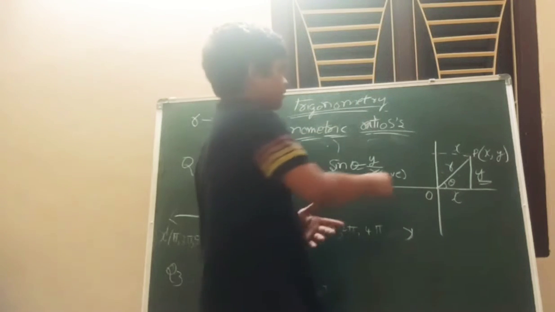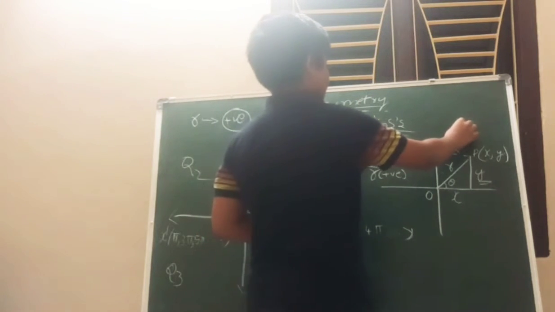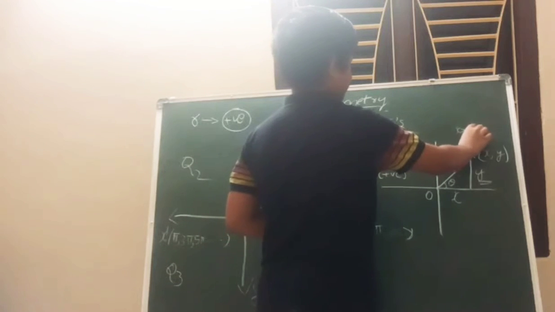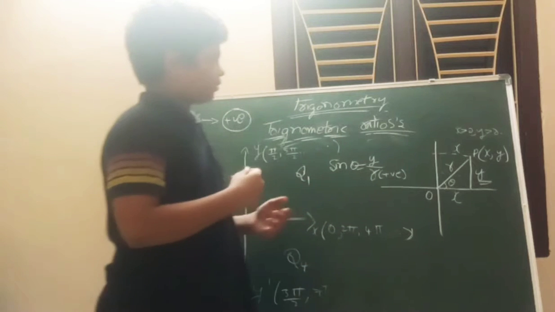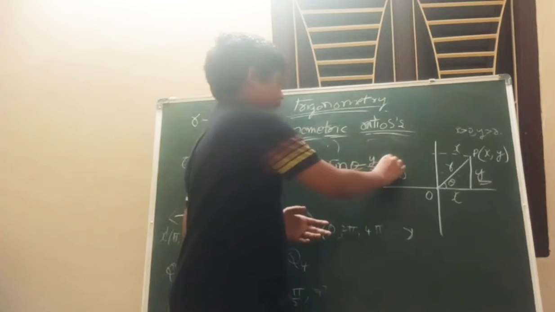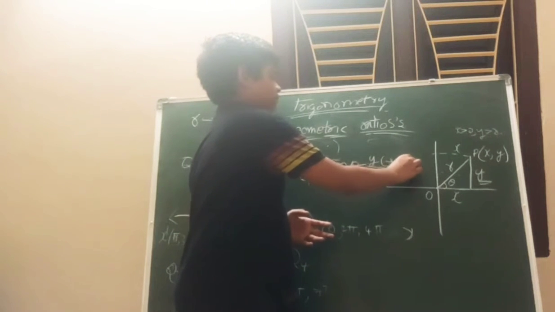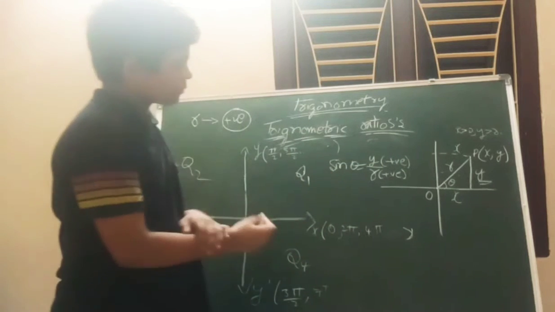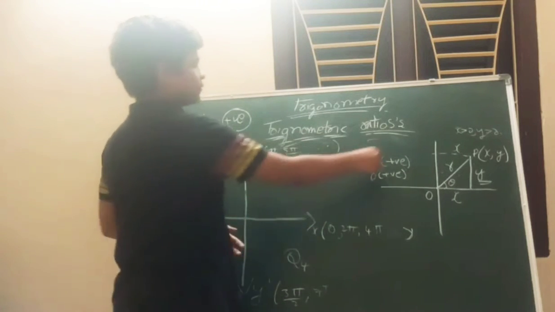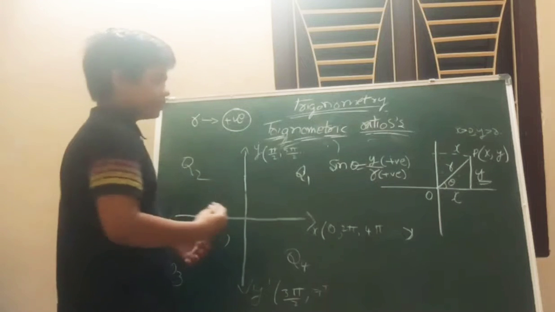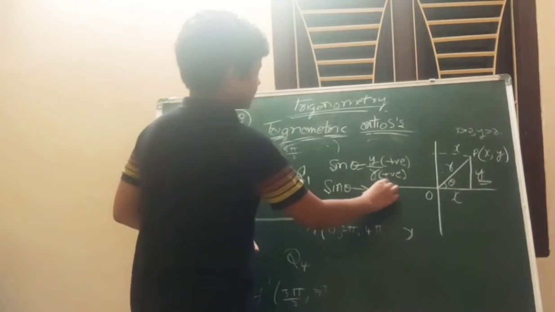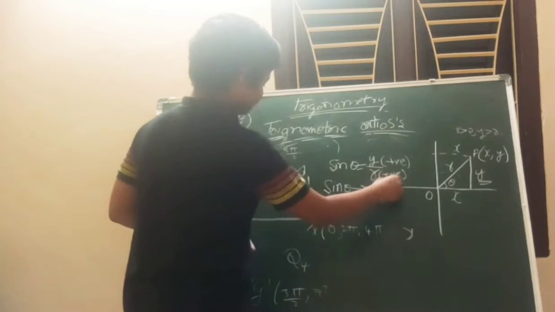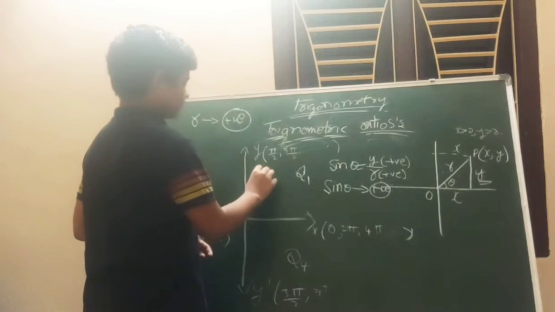We already know that in quadrant 1, x and y coordinates are positive. So y is also positive, and positive by positive is positive. So sin theta is positive in the first quadrant.